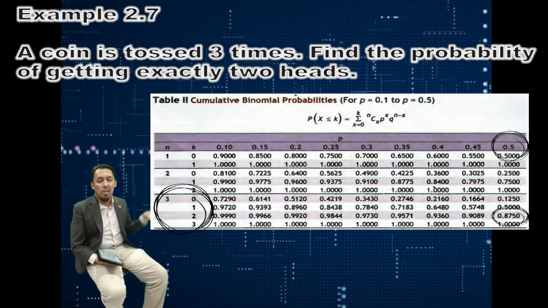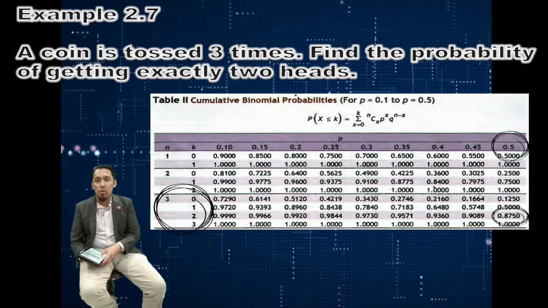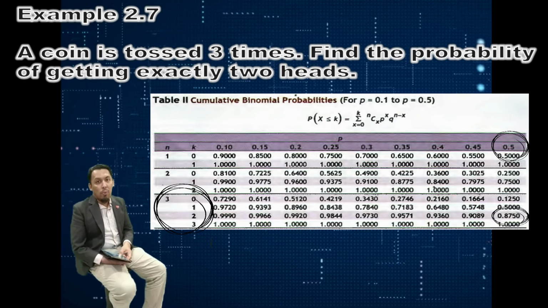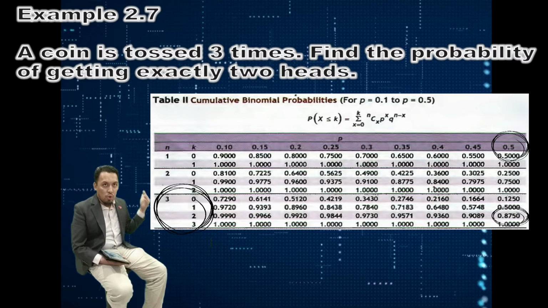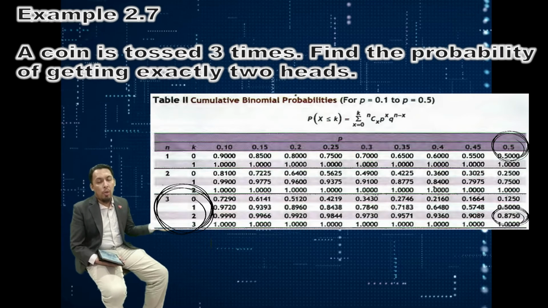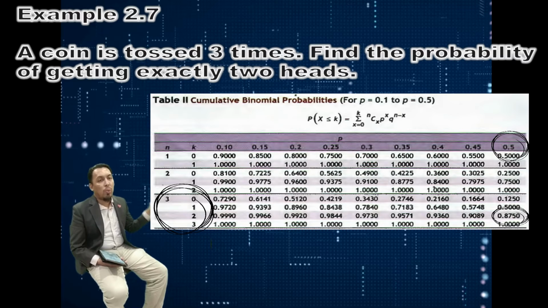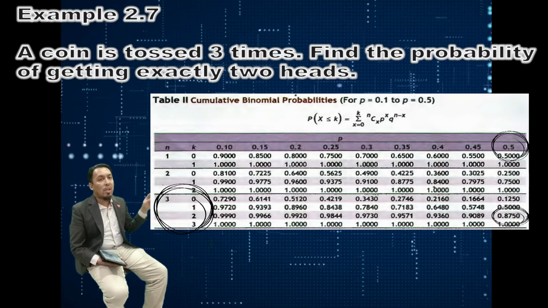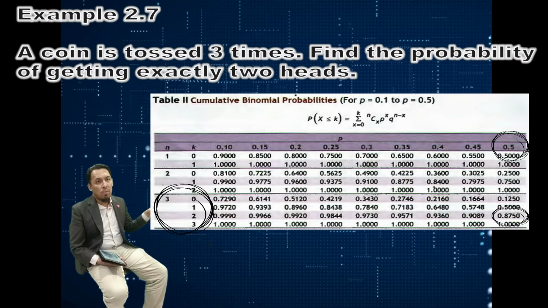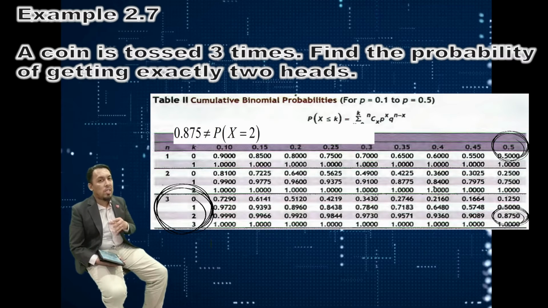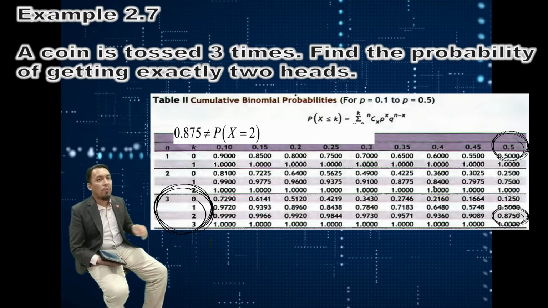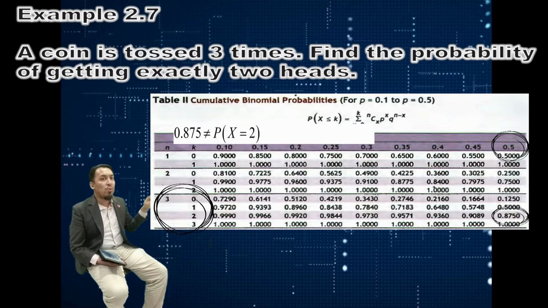It is not the same as our answer, which is 0.375. Why? Because as I said, in the cumulative binomial probability table, the table is not showing the equal value. So 0.875 is not the probability for X equal to 2.